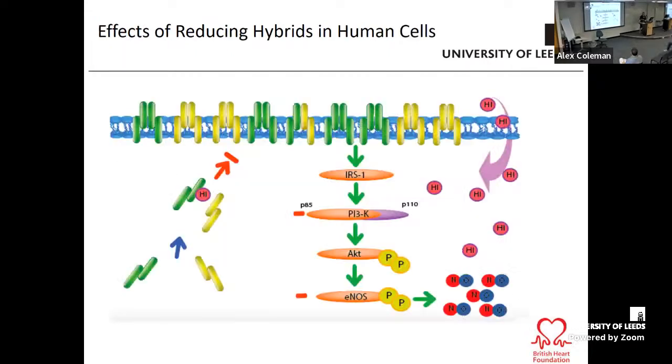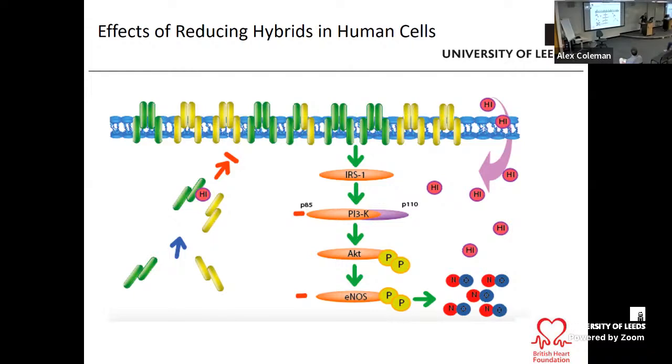We were able to do a lot more of this analysis to understand the downstream effect of reducing these hybrids, and I've tried to show this in a cartoon here. So we expect these hybrids are these little green and yellow monomers here, with homodimeric protein shown in green and yellow. This molecule looks to bind to our hybrids, preventing them from forming.